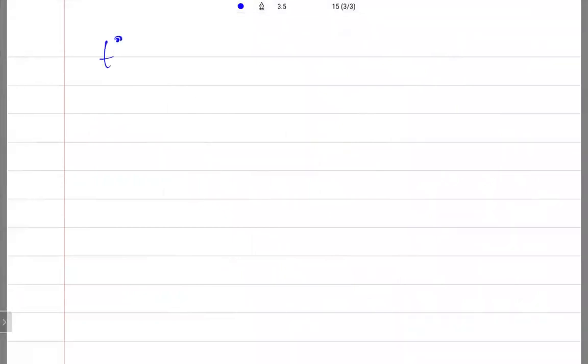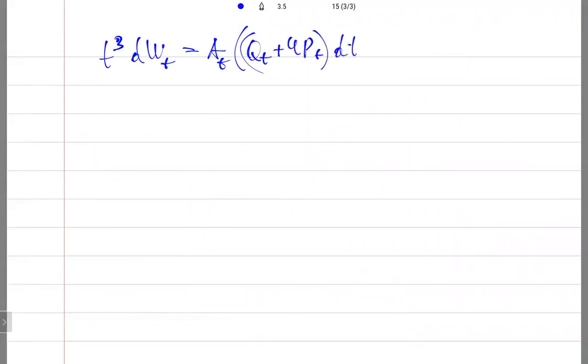Okay, I will copy t cube dWt equals At times (Qt plus 4Pt) dt plus PtdWt. Okay. You forgot 4? Yeah, sure.